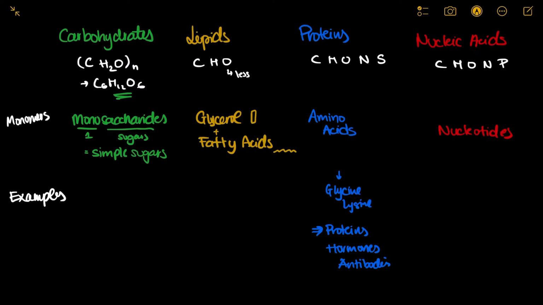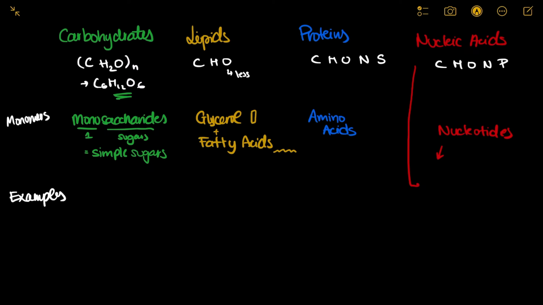And nucleotides, or nucleic acids. The two main examples of nucleic acid are DNA and RNA, which are the genetic material.